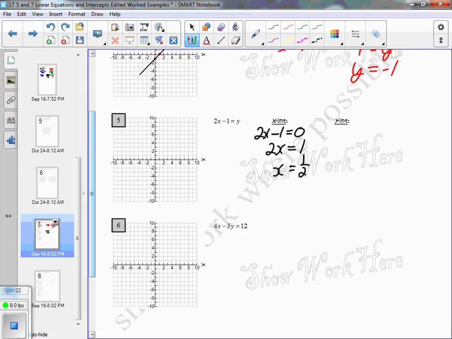X equals 1/2. Then we get the y-intercept. Replace x with 0. 2 times 0 minus 1 equals y. Negative 1 equals y. So how about y equals negative 1?